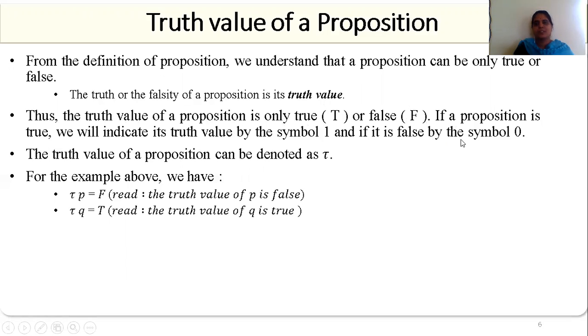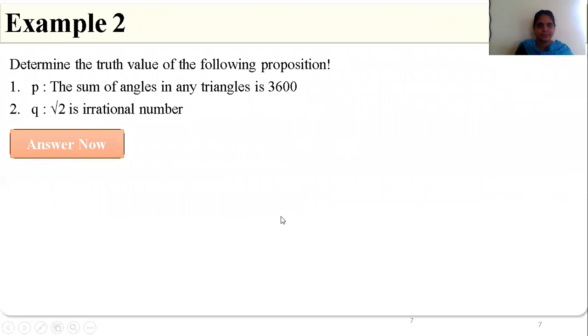If it is false, then by the symbol 0. So here we can consider an example: the truth value of p is equal to F. We can read it as the truth value of p is false. Similarly for q, the truth value of q is true.